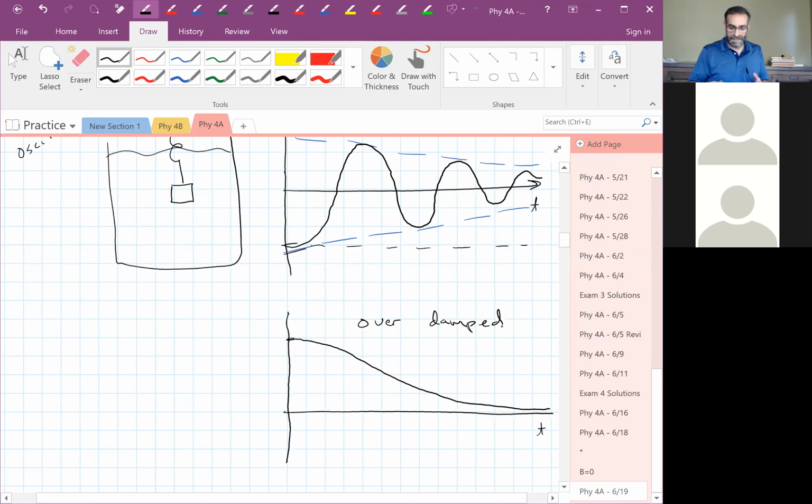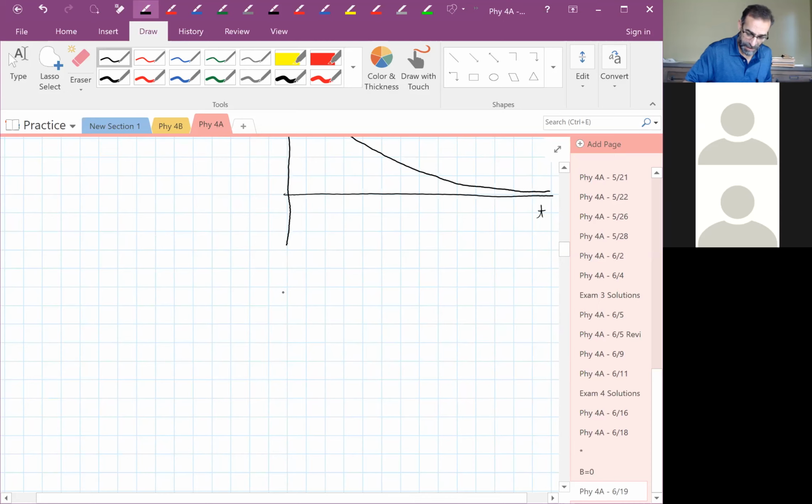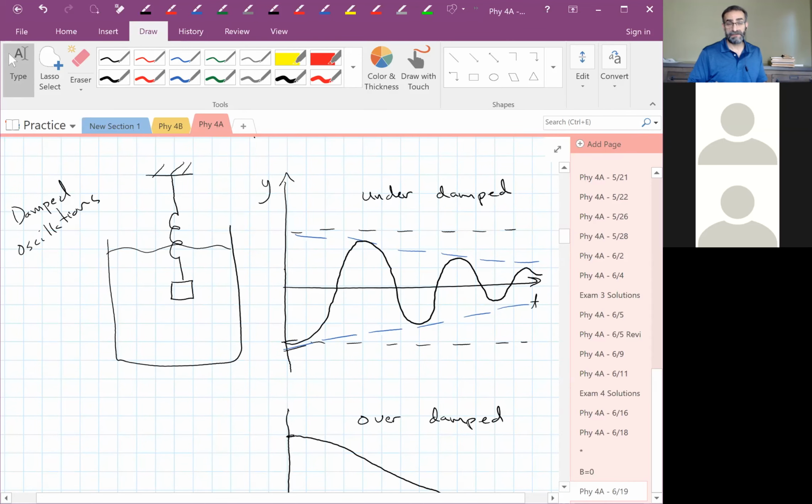Okay, so the door isn't going to slam, but it might take 2 hours to close. You've got it set so it just very, very slowly closes. What you want is what we call critically damped. Damping means that you're dissipating the energy somehow.